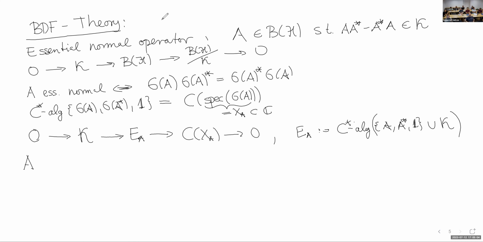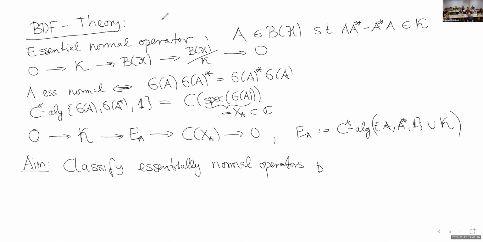Sure. So what I think, my aim, which allows me to give my isomorphism, is now to classify essentially normal operators by unitary equivalence up to compacts, right?